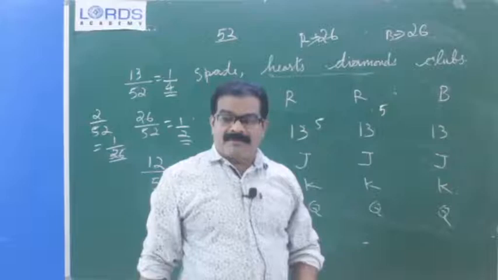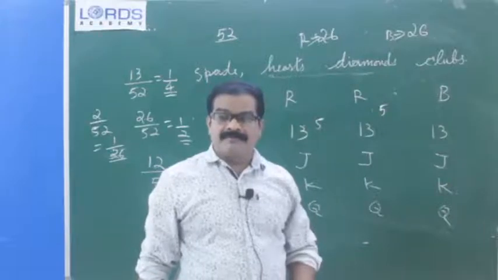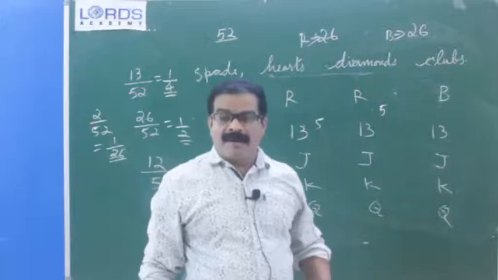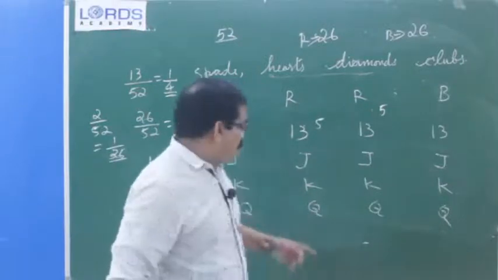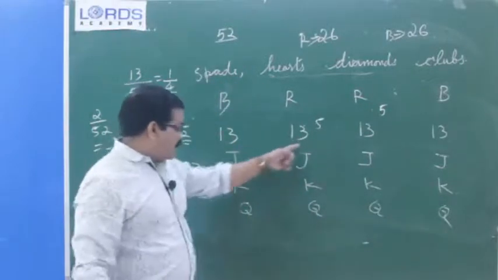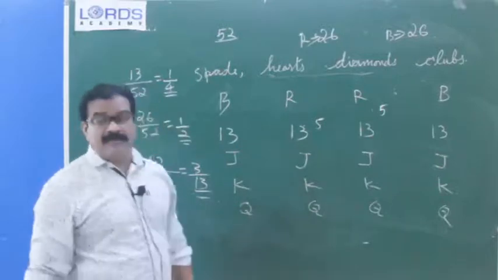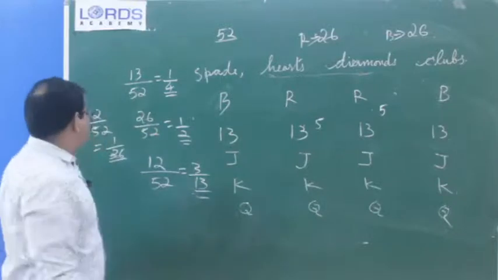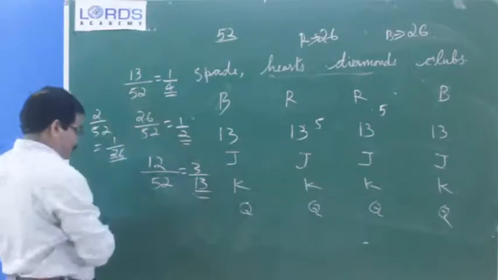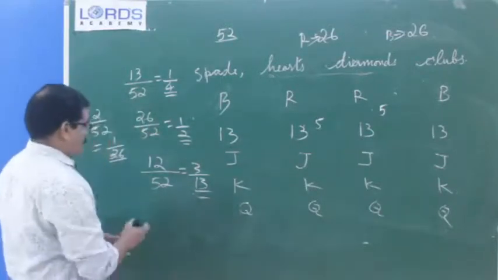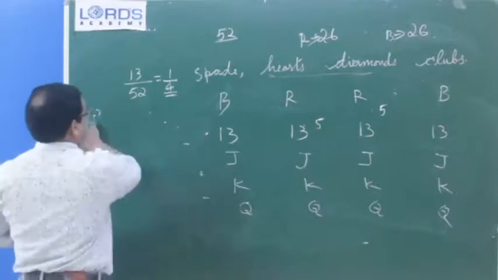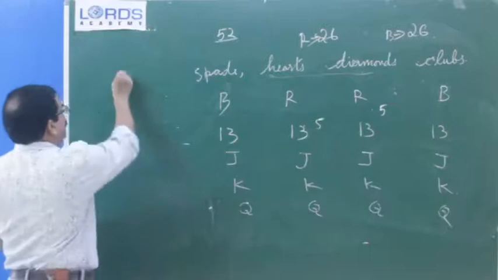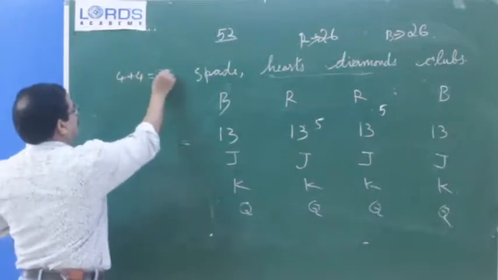How many of them? 8. Because 4 jacks and 4 queens, 4 plus 4, that is the favorable case 8.